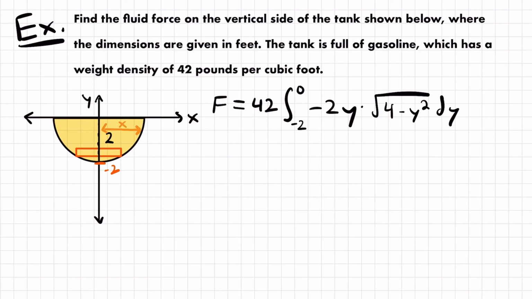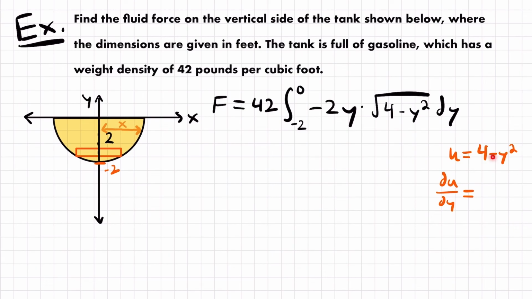And we have that on the outside of that square root, which means that u substitution is going to work here. In fact, it's actually going to work very nicely because the derivative of 4 minus y squared is negative 2y, but we'll get to that. Let's first set this equal to u. So we'll have u is equal to 4 minus y squared. And then if we take the derivative of that, we'll have du/dy is equal to the derivative of 4. And 4 is just a constant, so the derivative will be 0.